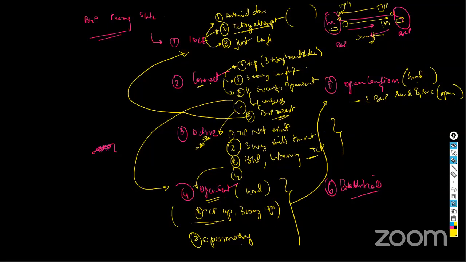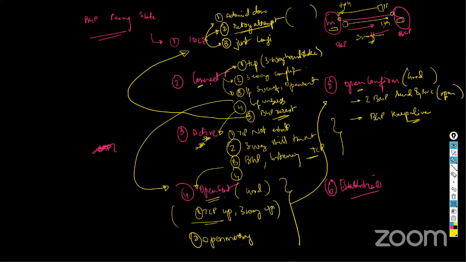Now, don't get confused with these messages. This is the next topic which I'll take in the next webinar. These are BGP messages: hello, keepalive, update, and notification. They are sending and receiving open messages in the case of open confirm, and they are setting up a keepalive.